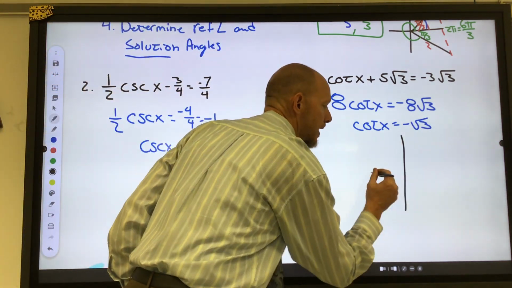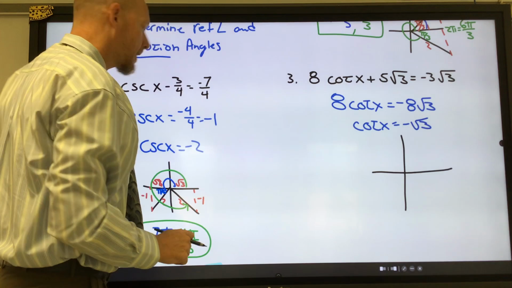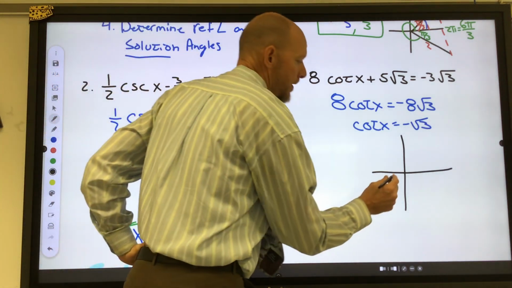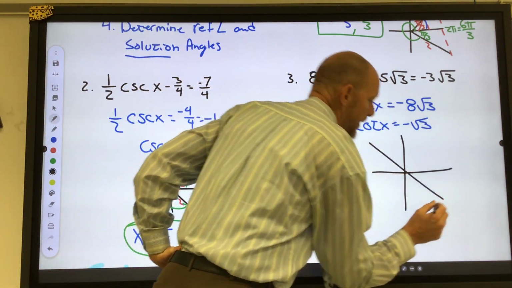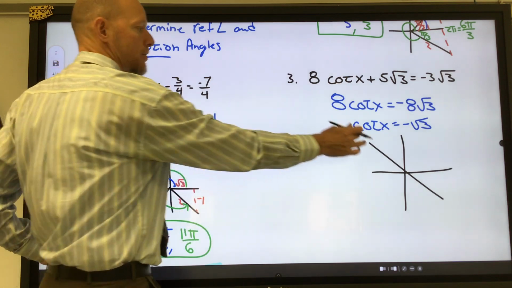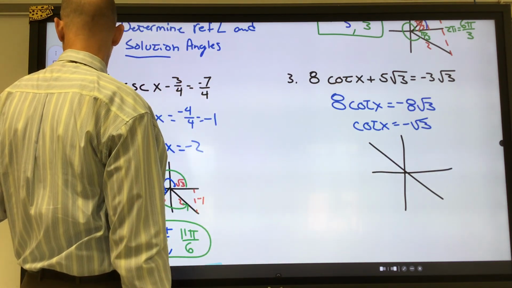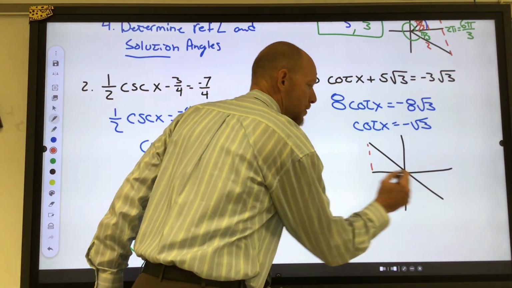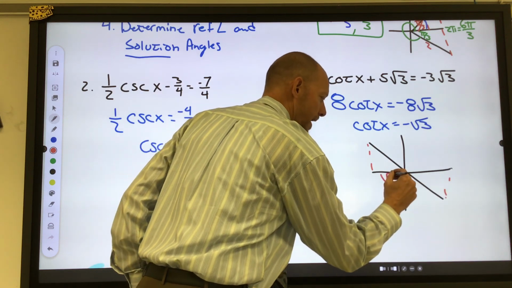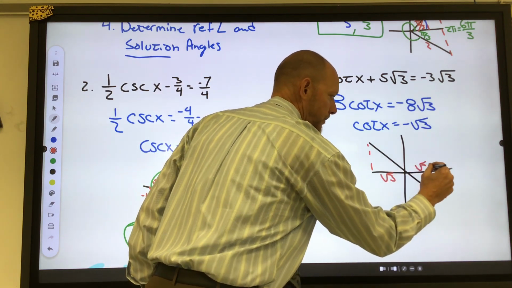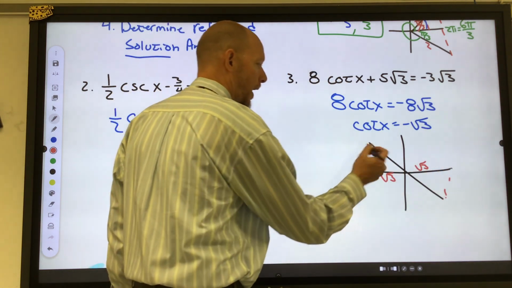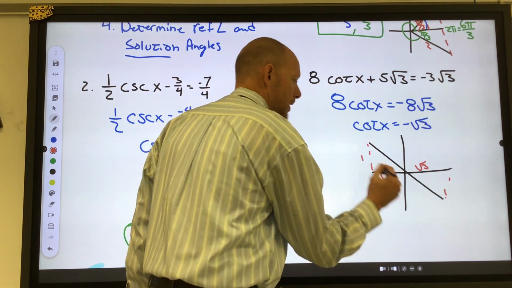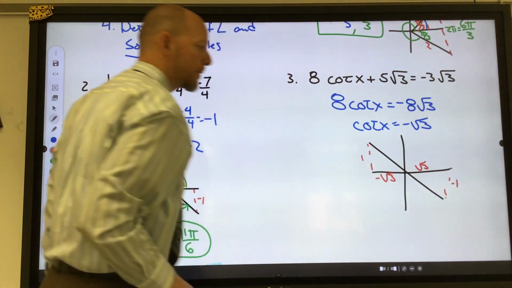Cotangent and tangent are usually kind of unique because they work more so on a diagonal. And we know cotangent is negative in quadrants 2 and 4. Furthermore, our side relationship, we have our adjacent side over our opposite side, or our x over our y.